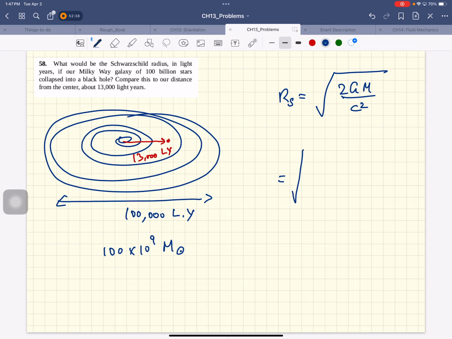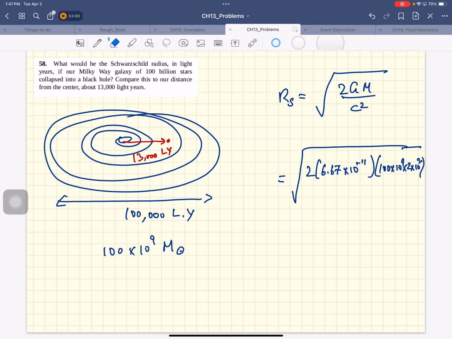Okay, so let's calculate the Schwarzschild radius. 2G is 6.67 times 10 to the minus 11. The mass is 100 billion solar masses, and that's the mass of our sun, divided by c squared, 3 times 10 to the 8 squared. And again, I haven't put down units because it will get messy otherwise.